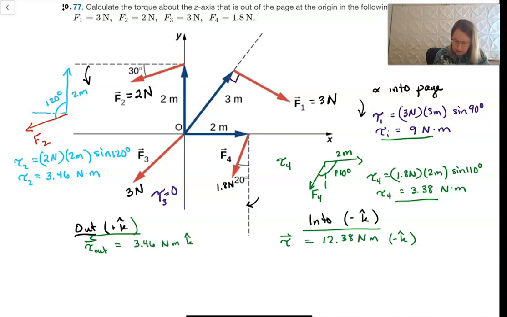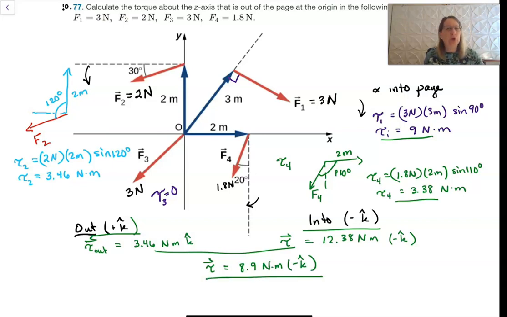When we add these together, our net is going to be in the minus k hat direction, and our total is 8.9 Newton meters in the minus k hat direction. And that is our total torque.